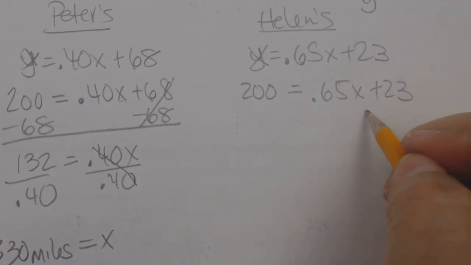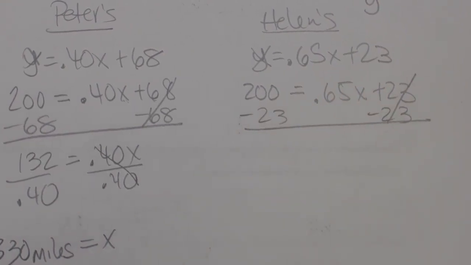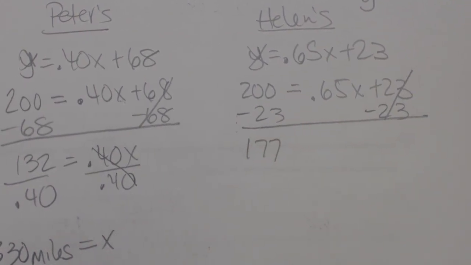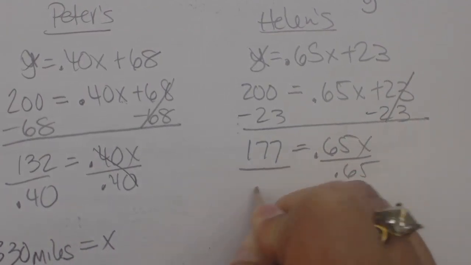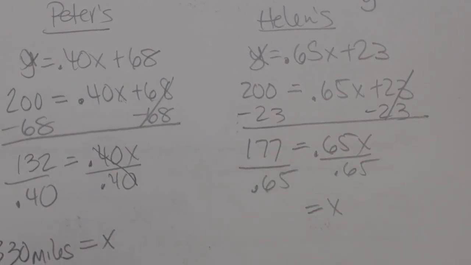Let's see what Helen. Again, subtract the 23. So we're going to do 200 minus 23, 177 equals 0.65x. We have to divide by 0.65. So x is going to give us the number of miles.